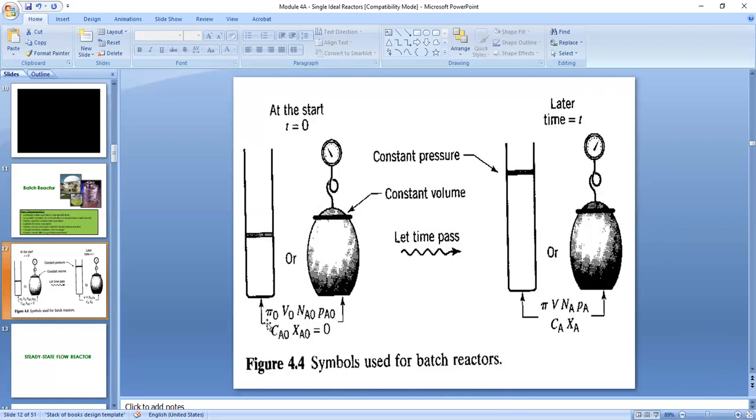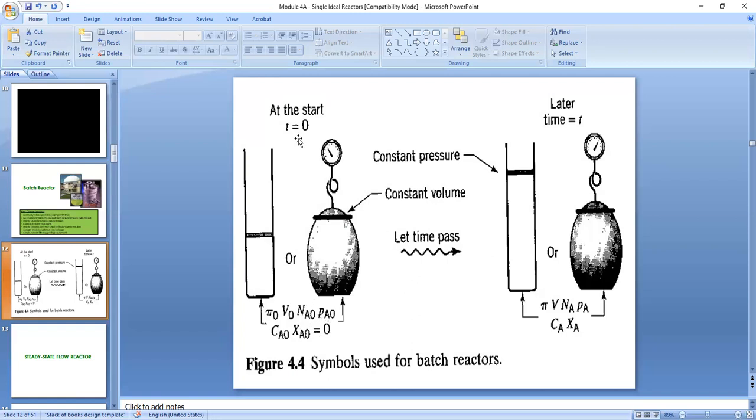Now, your pi o is the total pressure of the system initially. V sub o is the initial volume. And N sub AO is the initial number of moles. The small p sub AO is the partial pressure of A initially.